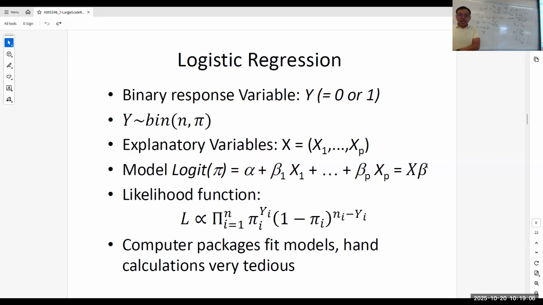Okay, the next thing I want to talk about is logistic regression and how to handle it with big data. But before we move on, any questions about linear regression? Okay. Now, logistic regression. I did a survey in the last class.